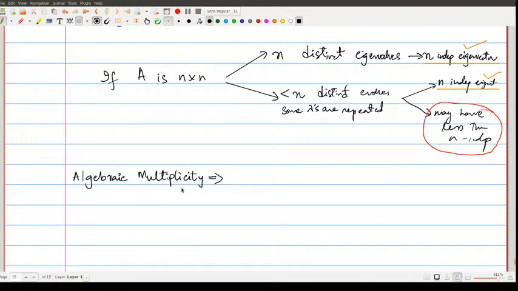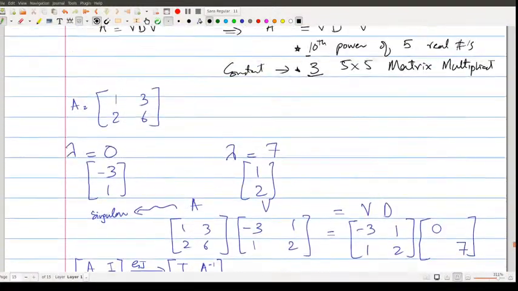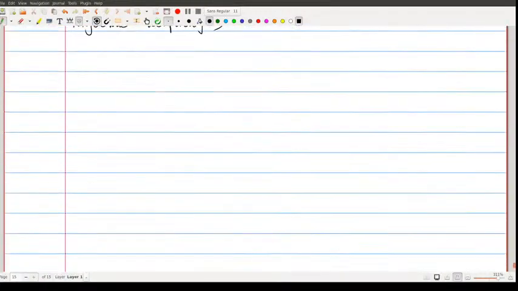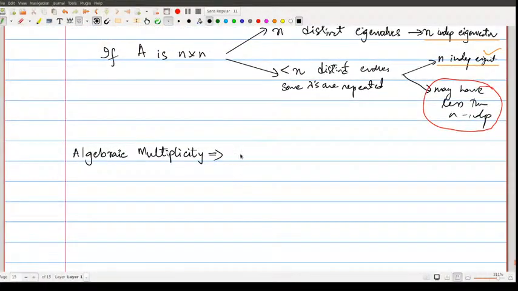which is the power of lambda. Let me demonstrate the idea of algebraic multiplicity.